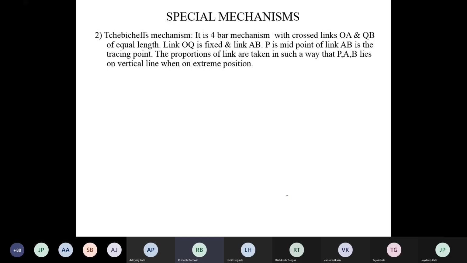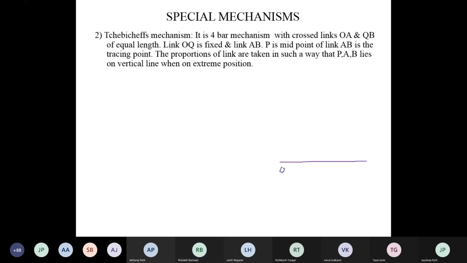Now, first of all, understand this figure, and then you have to draw this figure and write down the whole derivation of this mechanism. Here there is a fixed link, OQ, which is fixed.